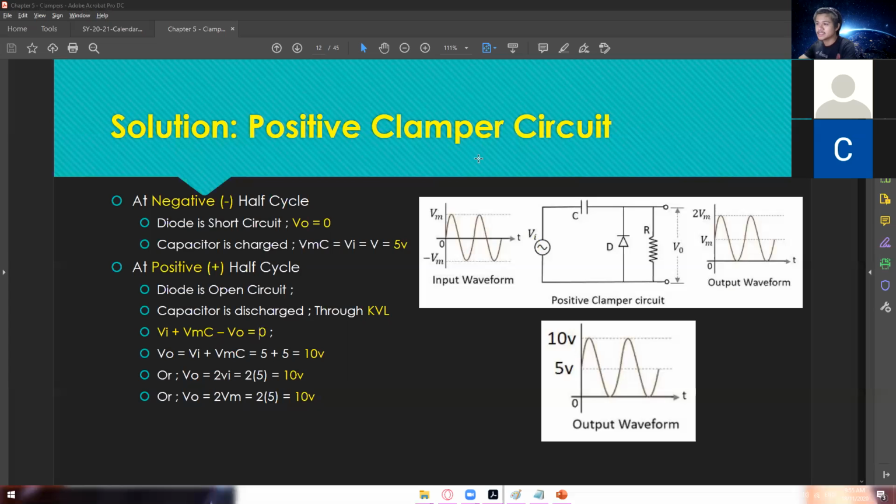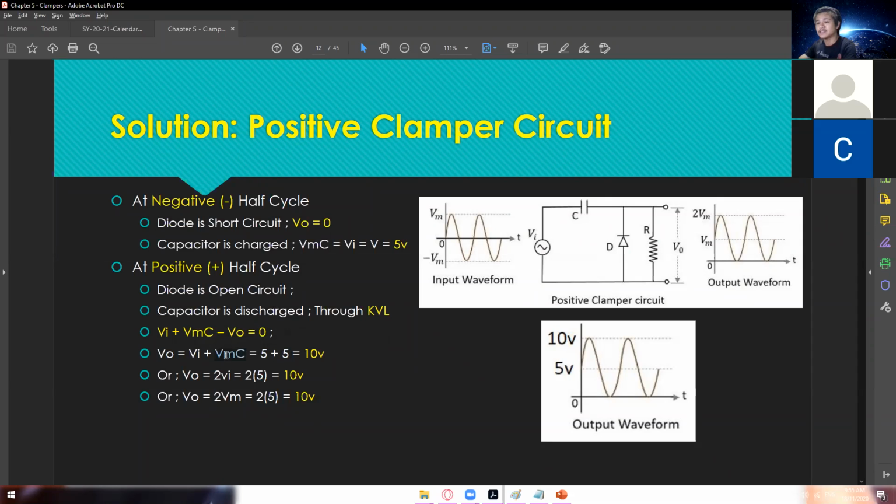Again, as I said a while ago, if you apply KVL, you'll get this equation, and then if you simplify it, you'll have another equation wherein V sub O is equal to V sub I plus VMC. Solving for the voltage output at this point, V sub I is equal to 5 volts, and VMC is equal to 5 volts.